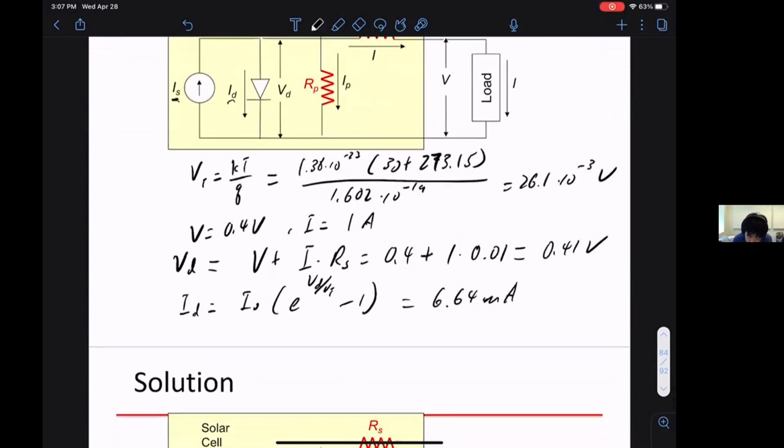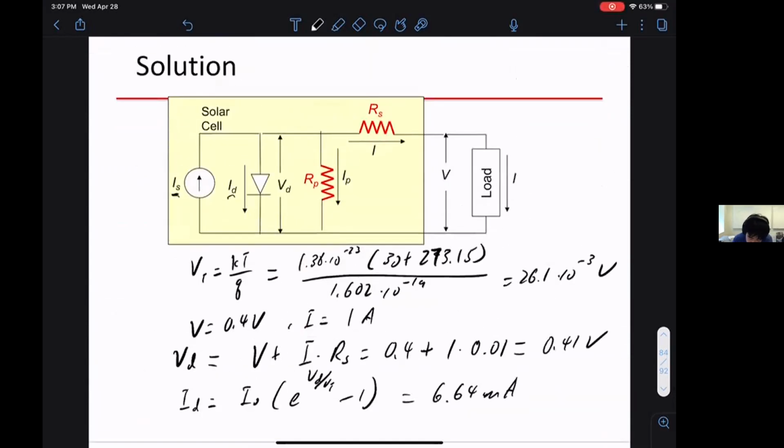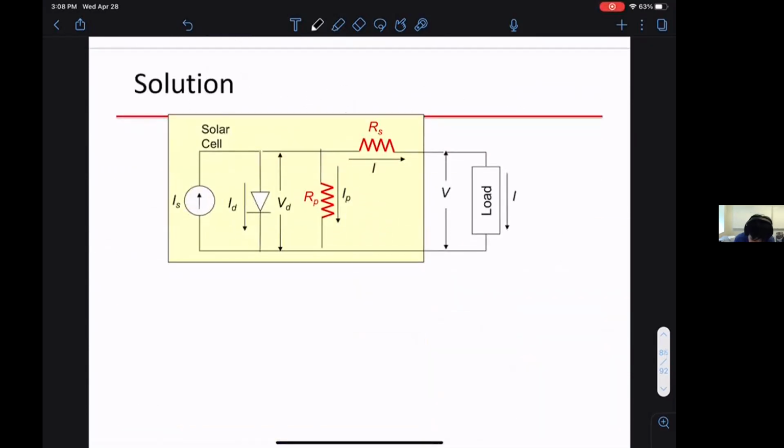Now I know ID. I still need to compute IP, because my current source gets divided into three currents: the current going through the diode, the current going through the shunt resistance, and the current going through the load. The current through the shunt resistance RP is VD over RP.